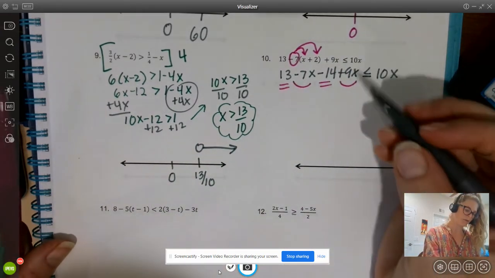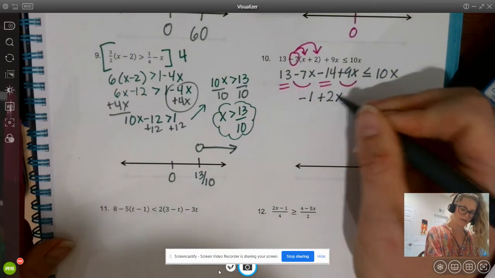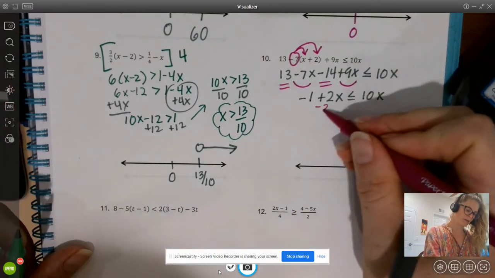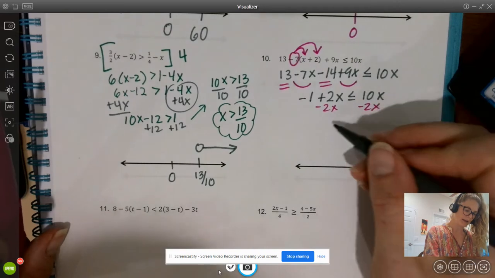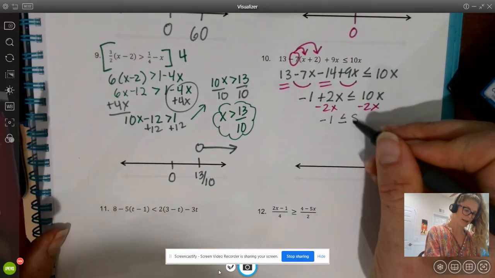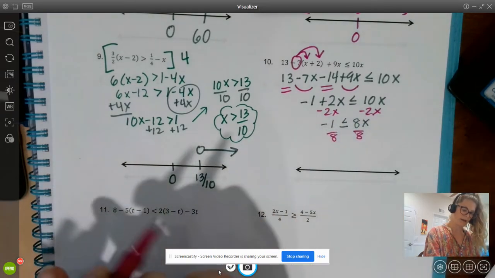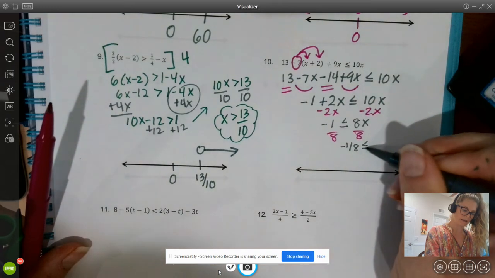So when I combine all those like terms, I do end up with -1 plus 2x is less than or equal to 10x. From here, I'm going to get rid of the smaller variable, so -2x to both sides, and I end up with -1 is less than or equal to 8x. Divide both sides by 8, and I have -1/8 is less than or equal to x.